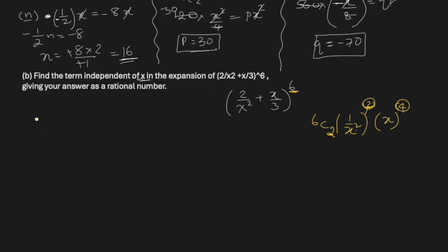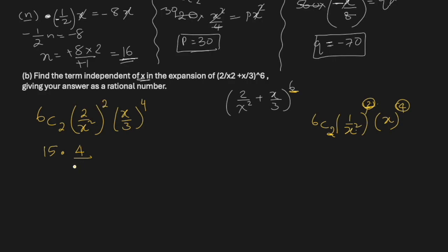So that's what I'm going to do now. Here I've got my answer. So 6C2. Now I'll write the proper one: 2 over x square to the power 2, and then x over 3 to the power 4. Now 6C2 will be 15. Let me confirm. Yes, it is 15. So 15 multiplied by 2 square, which is 4.